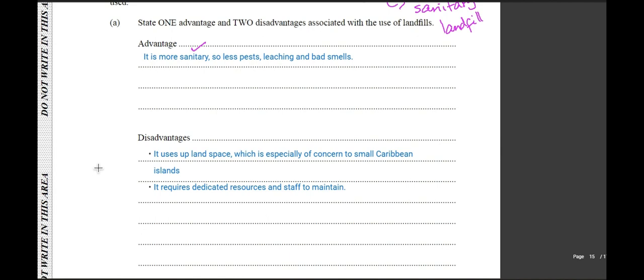Agriculture, housing, you name it, right? And it requires dedicated resources and staff to maintain. Because for it to be a sanitary landfill, it requires input, it requires work, right? Monitoring, moving the garbage around, compacting them, etc. Whereas with a dump, somebody goes up to the dump, dumps, and then walks away, right? So this one takes a little more work.